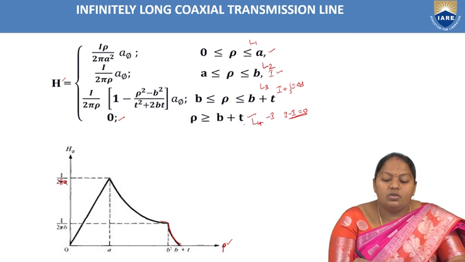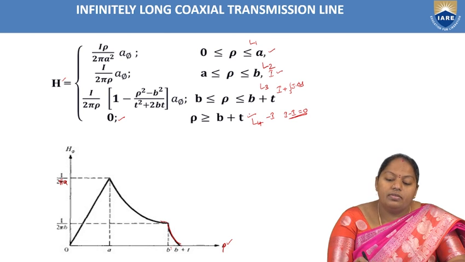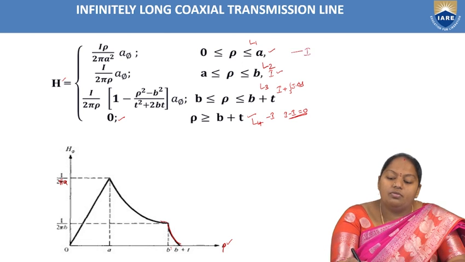For the fourth case, we use path L4 as the Amperian path. The region we have considered is rho greater than or equal to B plus T, and then the H component is equal to 0. So this is the way we have finalized all the 4 cases as 1, 2, 3 and 4.